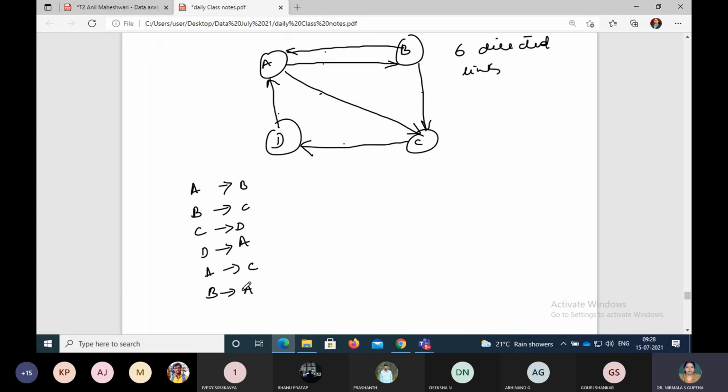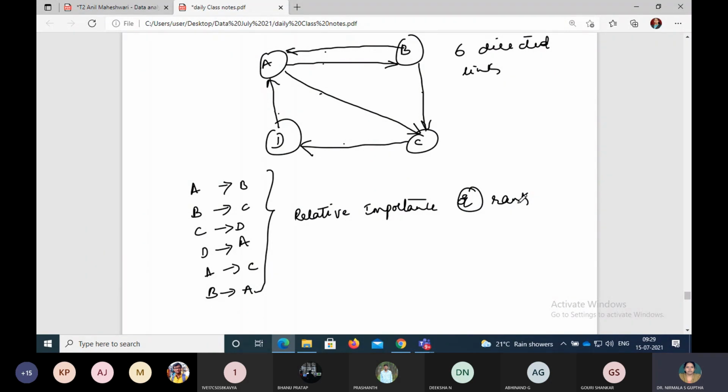So now the main intention is to find out the relative importance of the node. The relative importance of the node, or we can also call this relative importance as rank. Every node in the network, what is the importance of that node in the network?